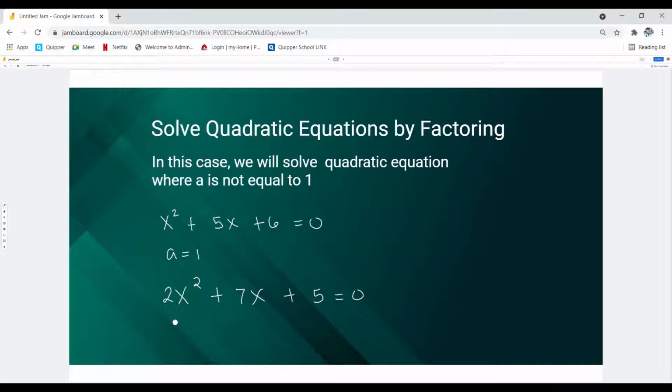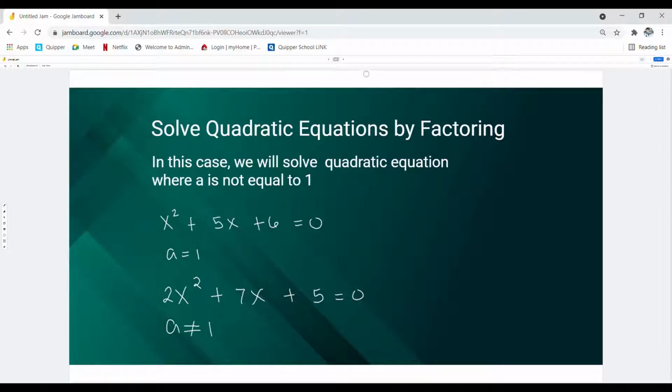Since a here is not equal to 1, as you see, it's 2, this will be our concern. It could be a 2, 3, 4, and so on. It could also be a negative number.